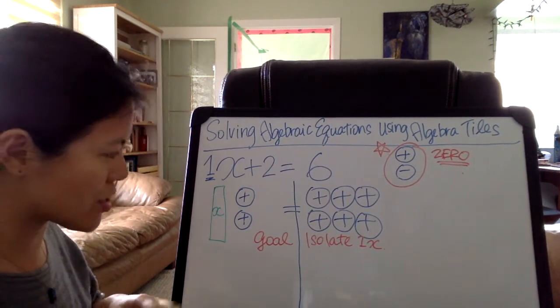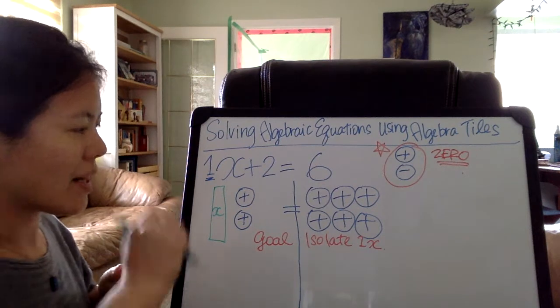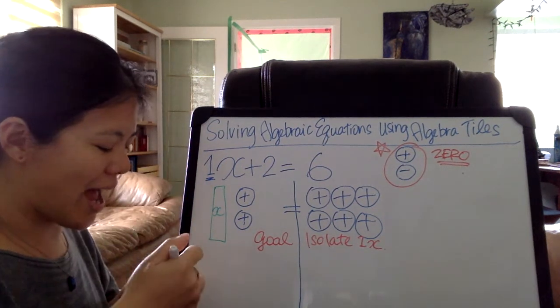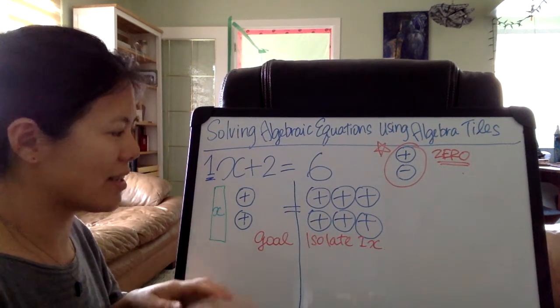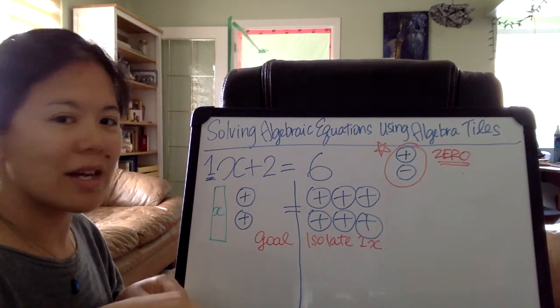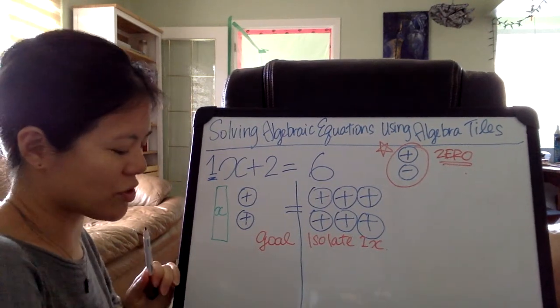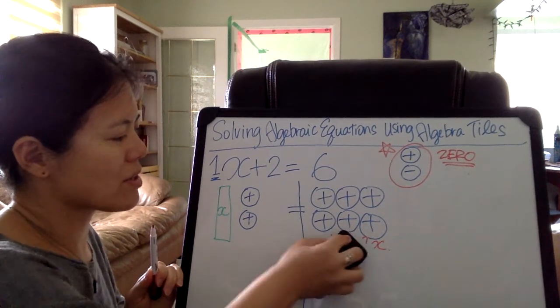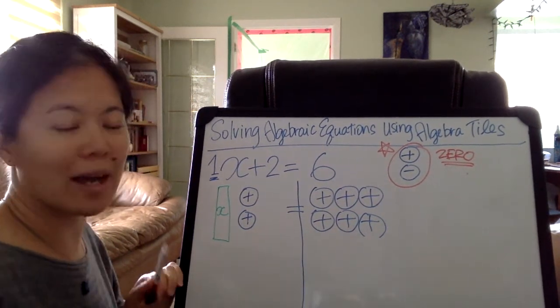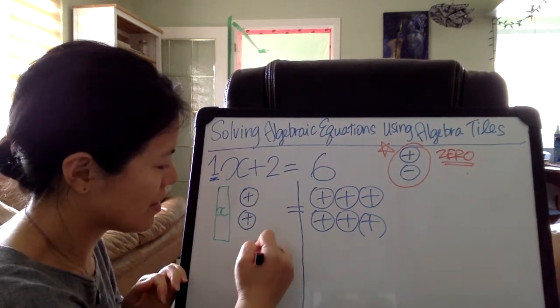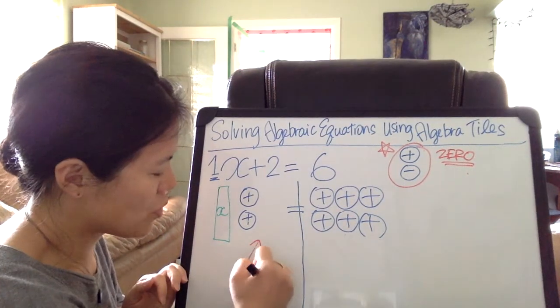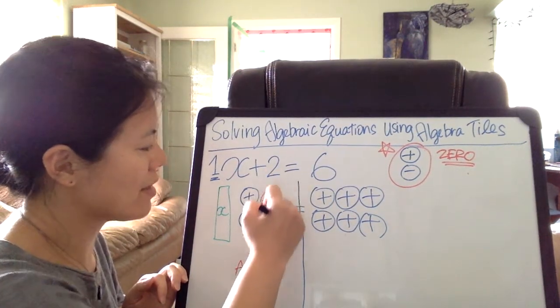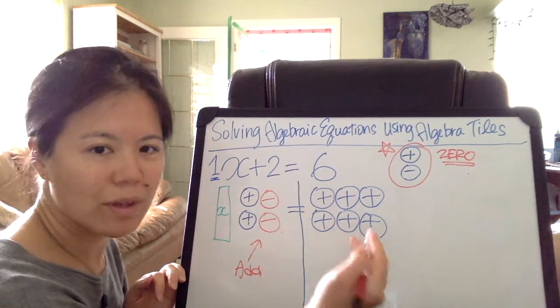So what I'm going to do is add 2 negative tiles. I'm going to just erase this for now. Okay, so I'm going to add 2 negative tiles, 1 and 2.